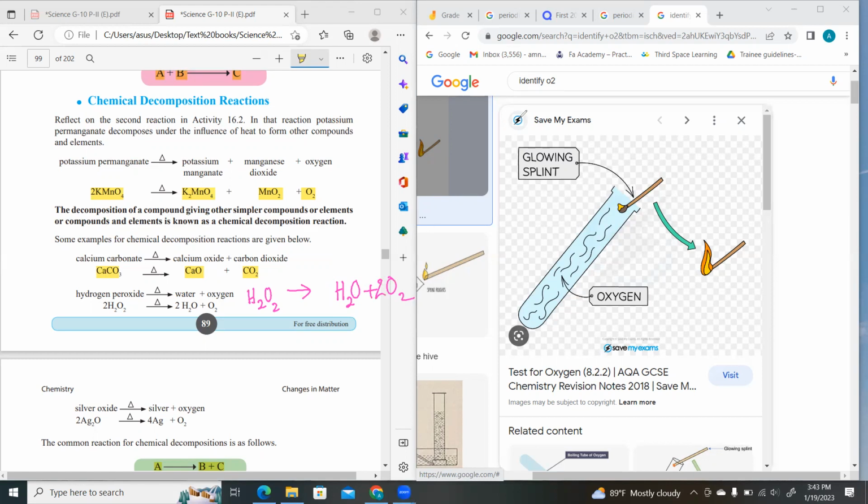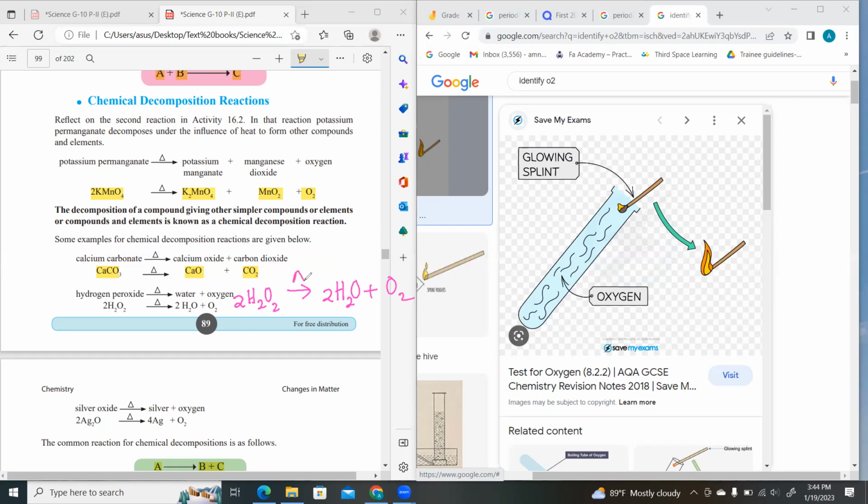It's not balanced yet. Still you're getting 5 oxygens. So we cannot make this 2 as 5. For that, we have to put 2 over here. Now you can see the number of oxygens is an even number. You have 4 oxygens. So 2 can be made 4 by putting a number 2 in front. Now you can see there are 4 oxygens and 4 hydrogens, and the equation is balanced.